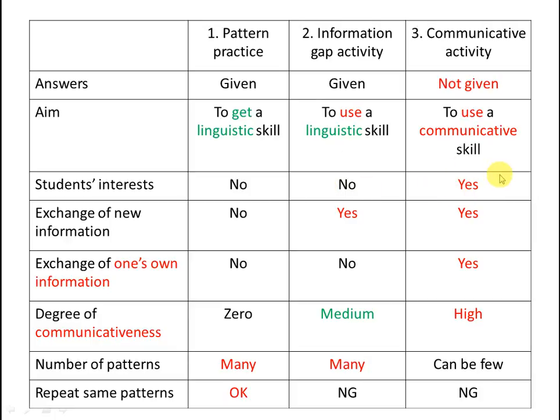But the students can get interested in the contents of communicative activity. For example, in our example of communicative activity in this video, the students can get to know more about their classmates, for example.